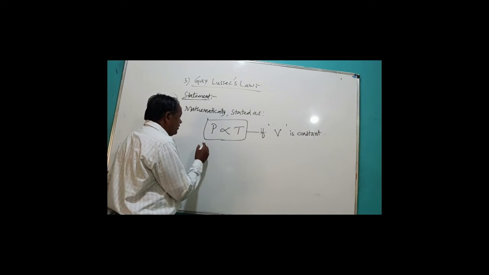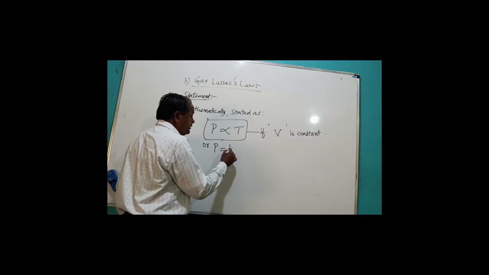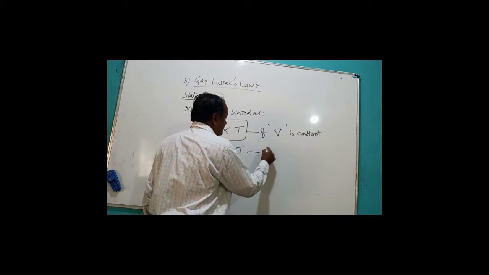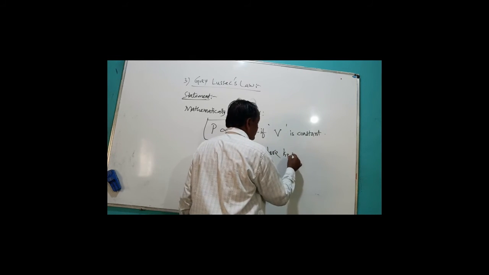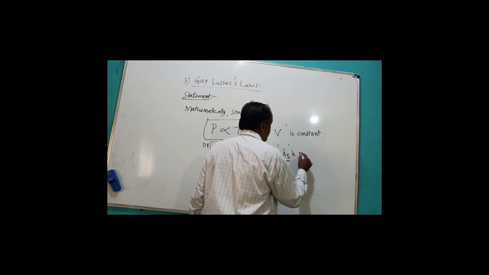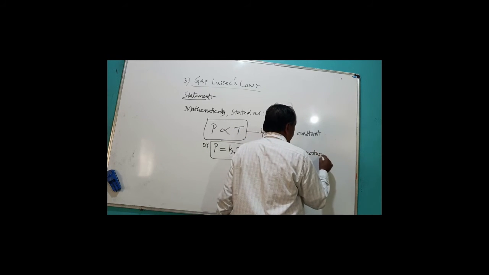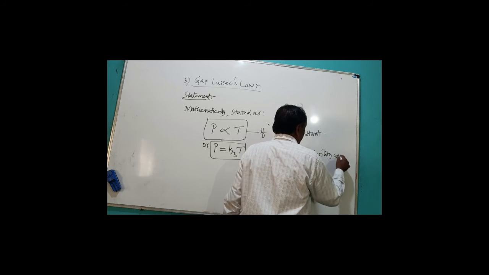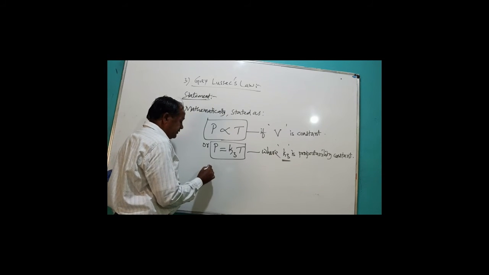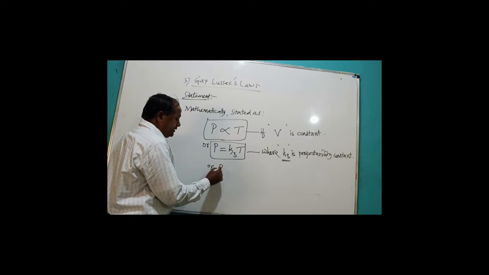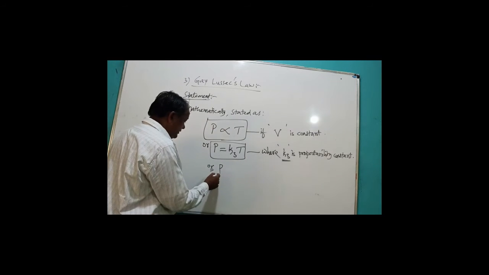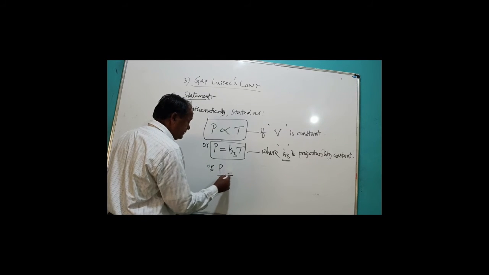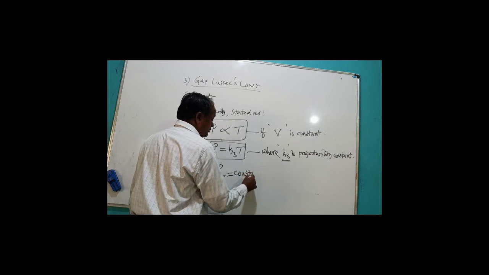If you simplify this, P is equal to K3 into T, where K3 is the proportionality constant, or even we can write P by T is equal to constant.